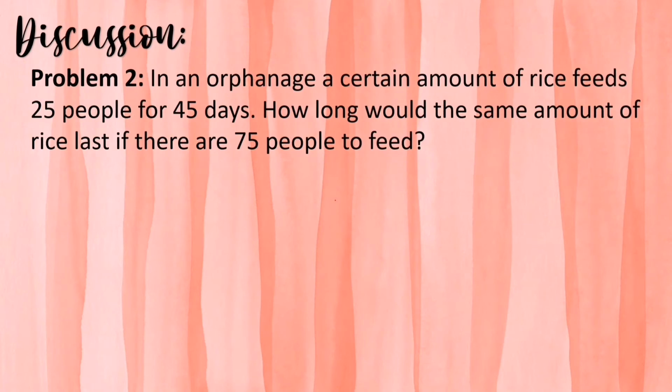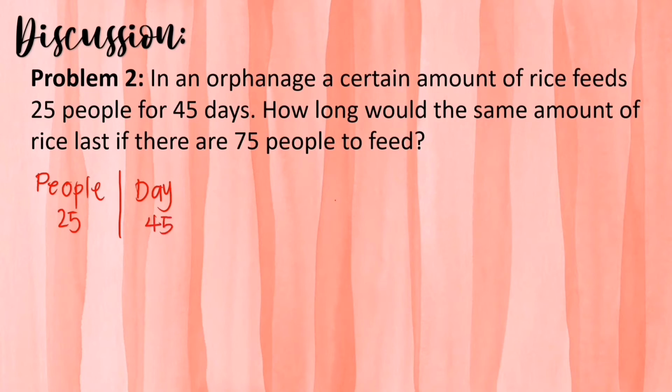So, to solve that, let us form first the ratio. So, dito, pwede tayong gumawa ng table. Which is, ito, people. And then, yung days. So, sa first ratio natin, which is 25 people, ilang days maglalast yung bigas?